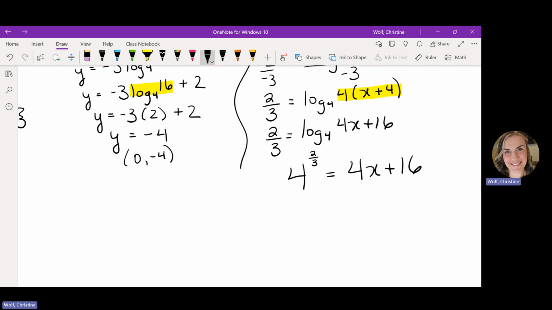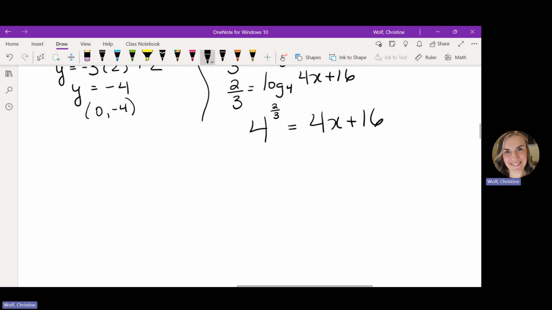Okie doke. So now you have to solve for x. I am going to subtract 16 from both sides, but before I can subtract 16 on the left, I have to figure out what this equals. What is 4 to the power of 2 over 3?